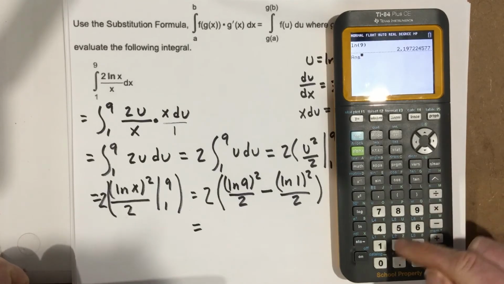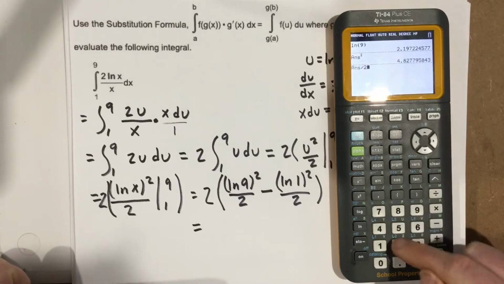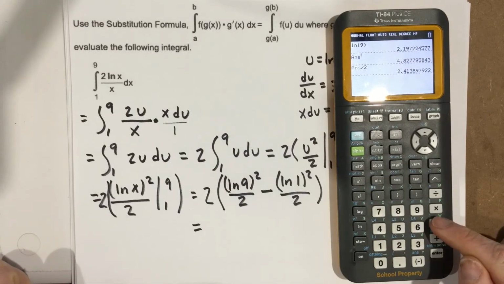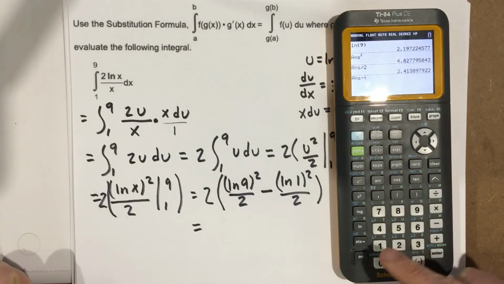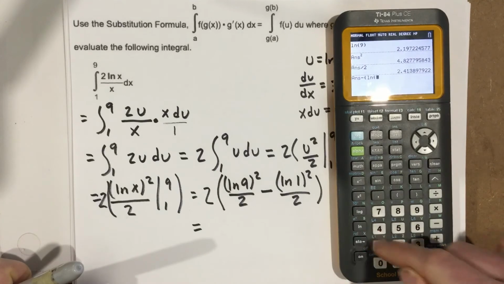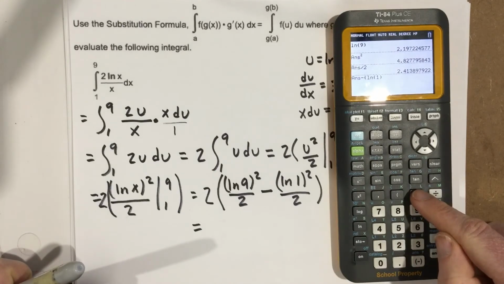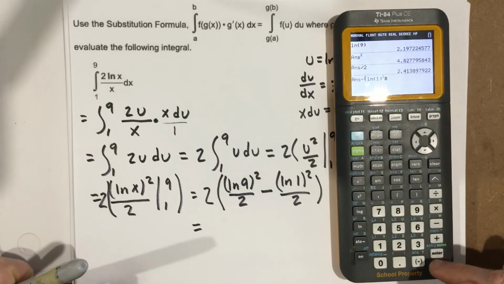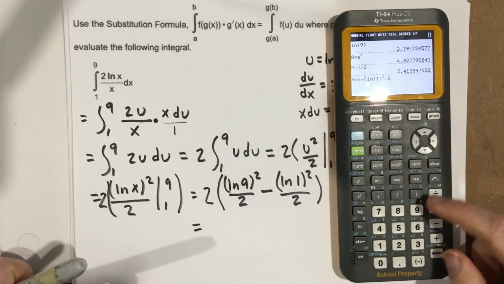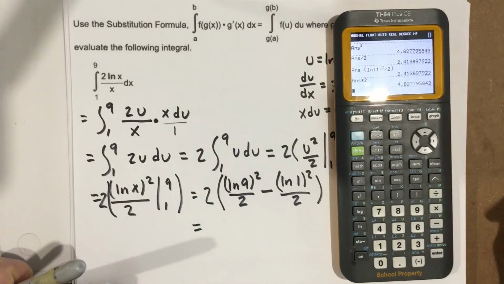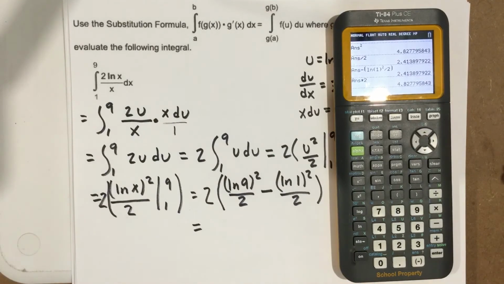And we square it and divide it by 2, minus natural log 1 squared divided by 2. Times 2, we end up with 4.82, but that's not an exact answer, and they say type an exact answer.